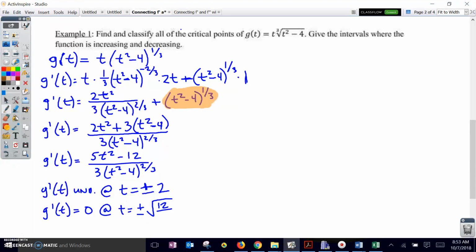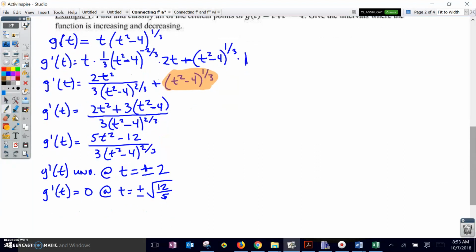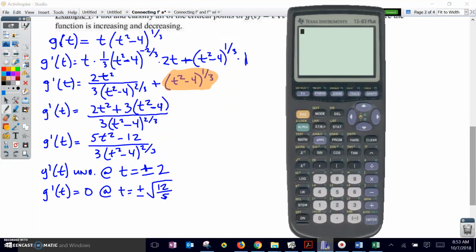And since I'm not as comfortable with that number as I am with plus and minus 2, I'm going to decimalize those. So the square root of 12 over 5 is plus or minus 1.549.